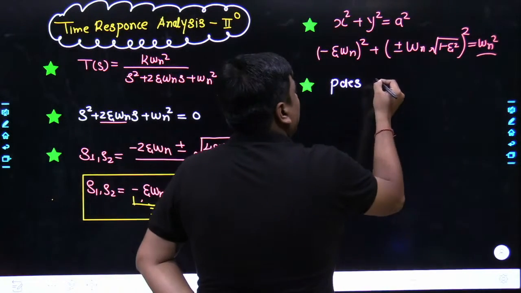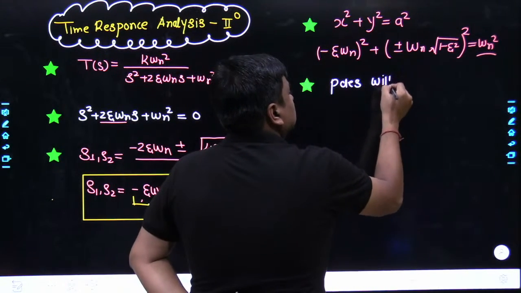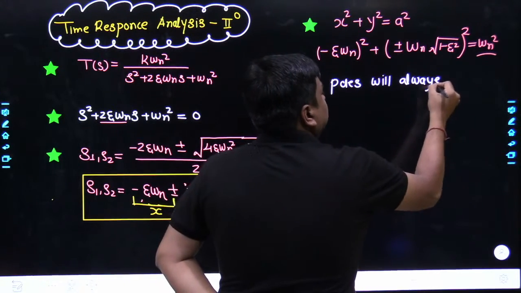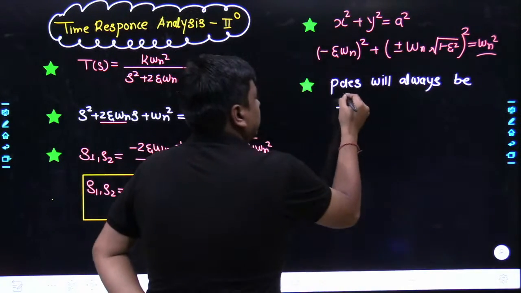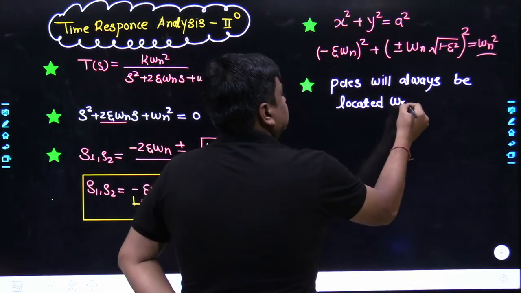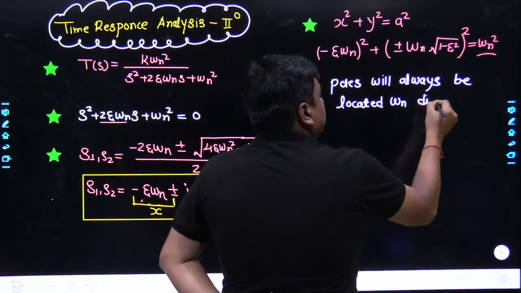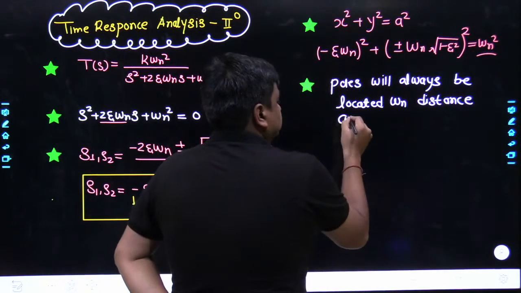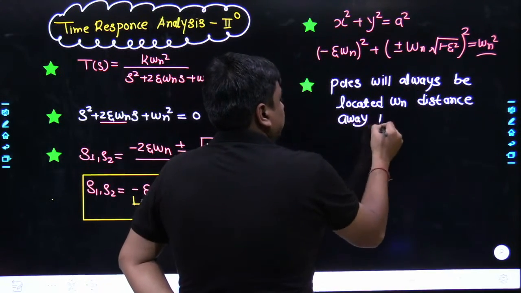Poles would always be located omega n distance away from origin.